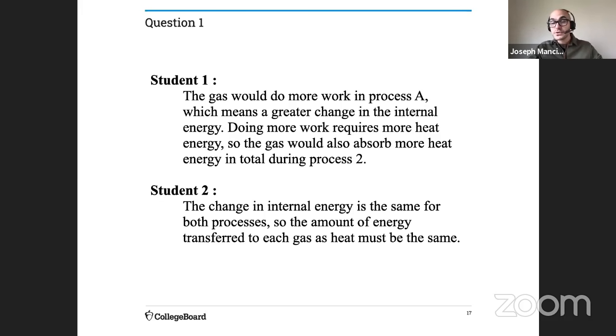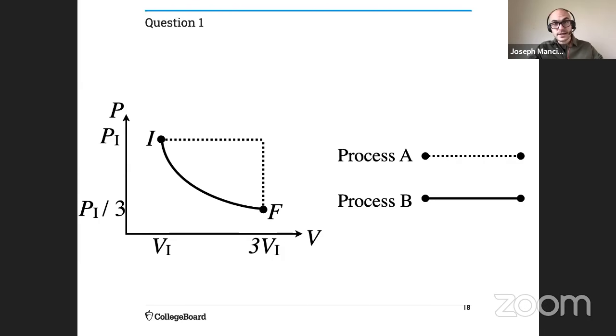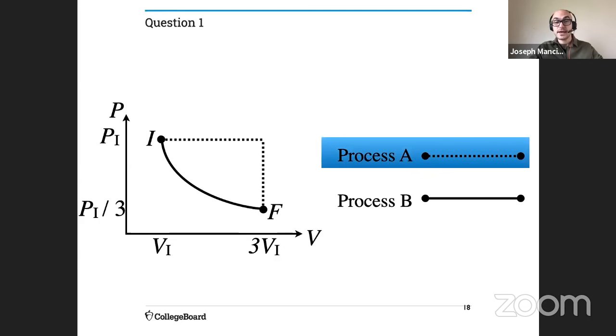First off, I was really hoping that in your responses, you would discuss which process, either A or B, does more work. So first off, let's take a look at the work done by process A. Process A, denoted by the dotted line, does an amount of work equal to the area between that line and the x-axis.